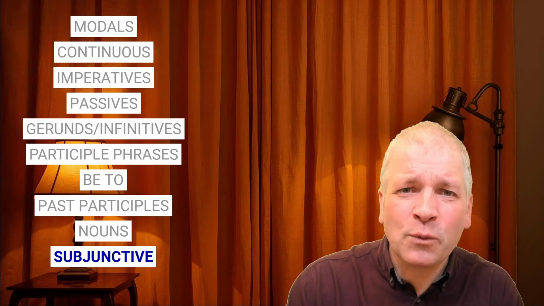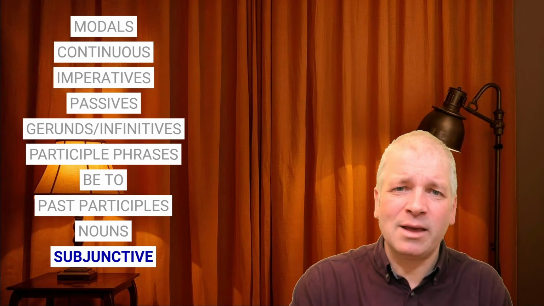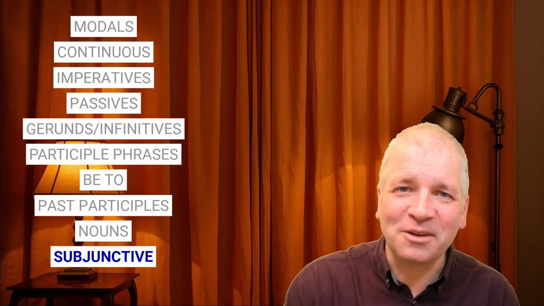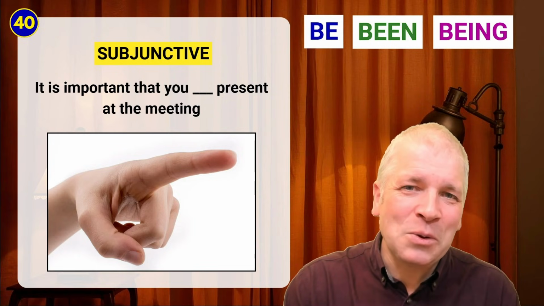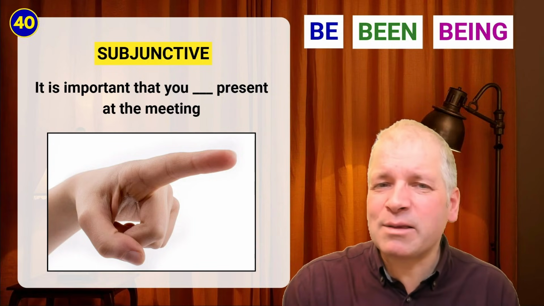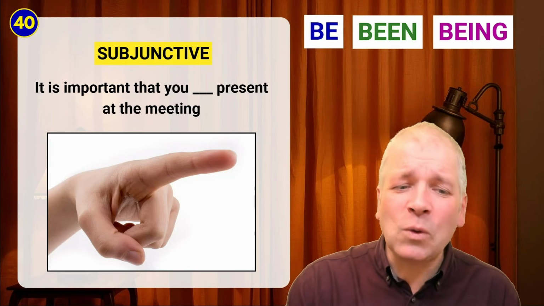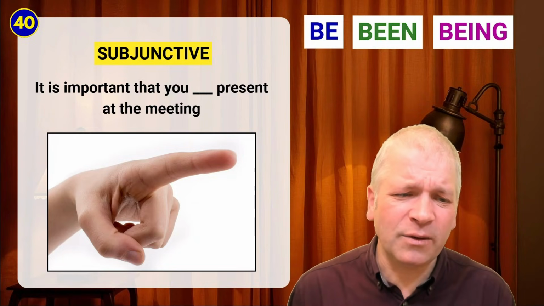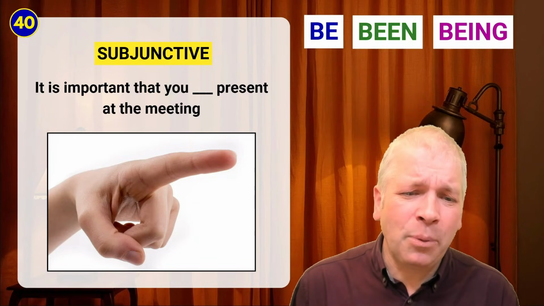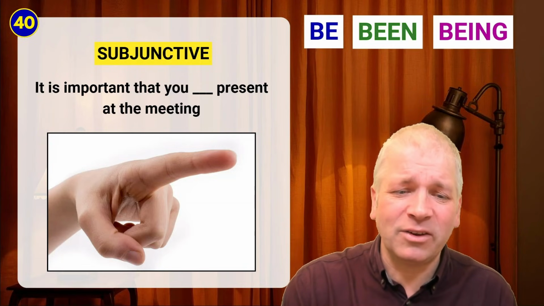And let's finish off with something that is not used so commonly in English nowadays. It's the present subjunctive. Here's a finger pointing at you. Maybe it's someone who is telling you that you must go to a meeting. But we can word this in a different way. It is important that you something present at the meeting.